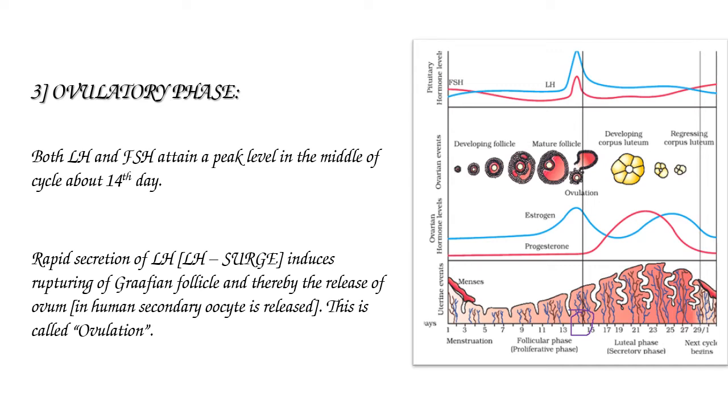So the LH surge is responsible for ovulation, the release of the secondary oocyte from the Graafian follicle. The rupturing of the Graafian follicle is due to the high level of luteinizing hormone produced by the pituitary gland.